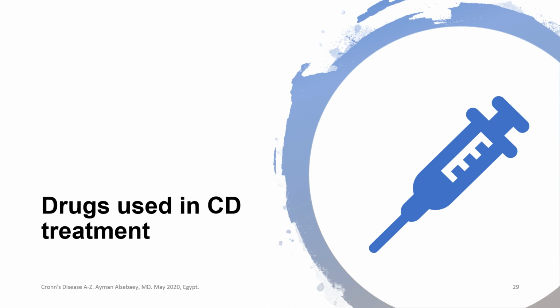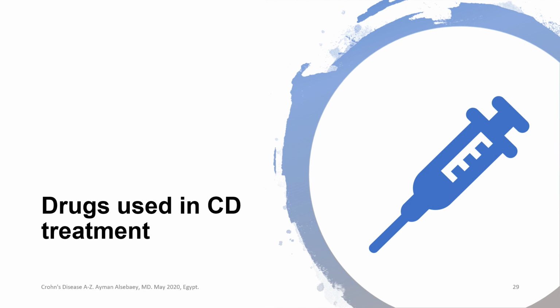And we have another stratification system for the risk, like high risk or low risk, okay. These scores and these risk stratifications will guide us in the treatment. Later on, we will discuss how. Okay.